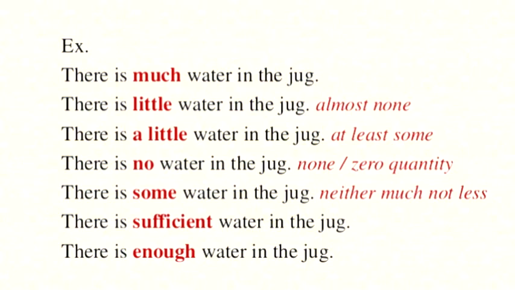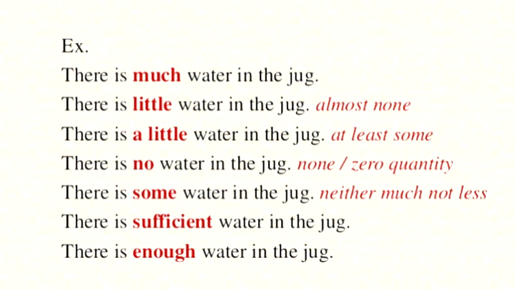Now dear children, these are very commonly resembling words that look the same, but they have a bit difference between them. What is that? There is much water in the jug. So here much means enough. When you say there is little water in the jug, it means almost nothing.